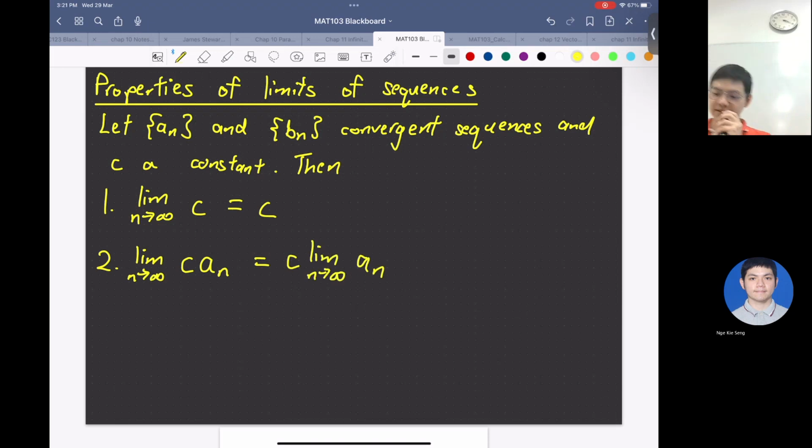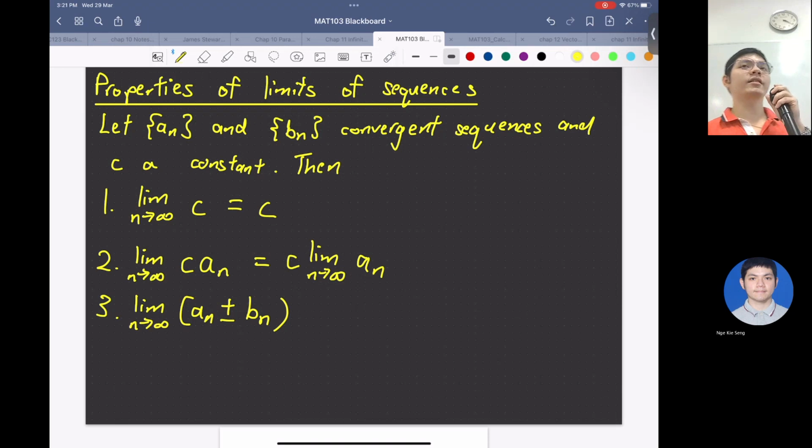So you can see that the limit is a bit like a linear operator, because sequences form a vector space, if you have learned that in linear algebra. Anyway, trying to link whatever you learn together. So if I add or subtract two sequences and I want to find the limit, what's the result?